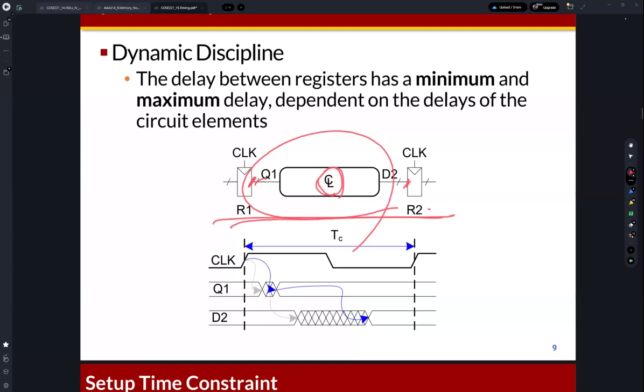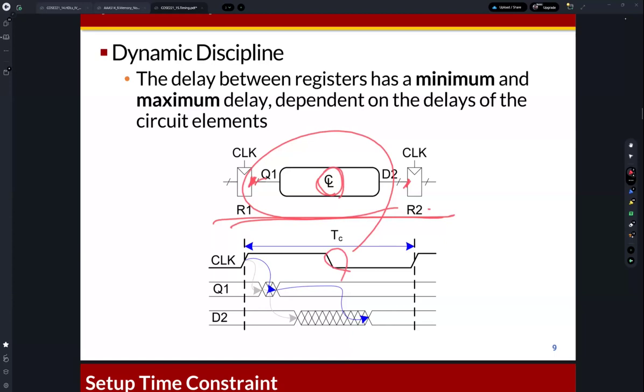So this is the start point and this is the end point, and the timing between the start point and the end point needs to be lower than the clock period, the clock period of this clock signal.